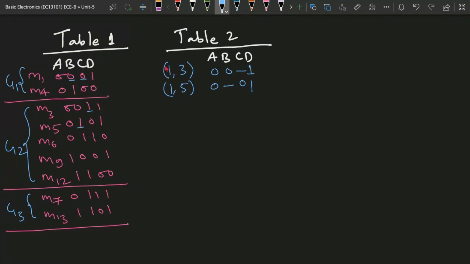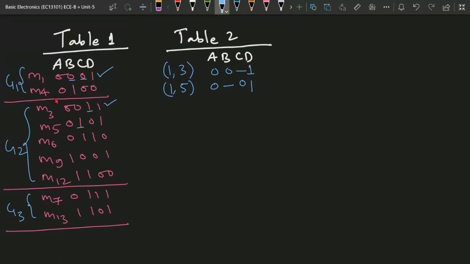One more thing: suppose M1 is checked with M3 and only one bit is changed, and we are doing the pairing, grouping it together. Once we group it together, we will make a tick mark. So M1 has been paired with M3. If any minterm is paired with any other minterm, we will make a tick mark.